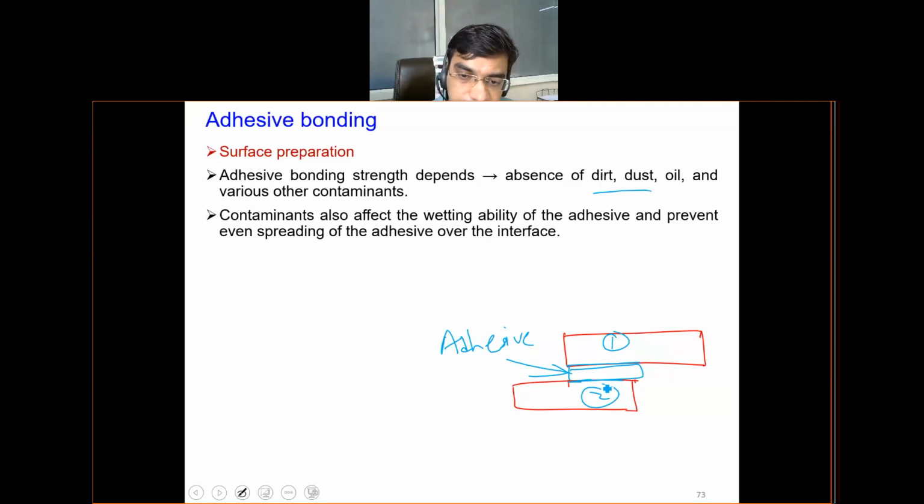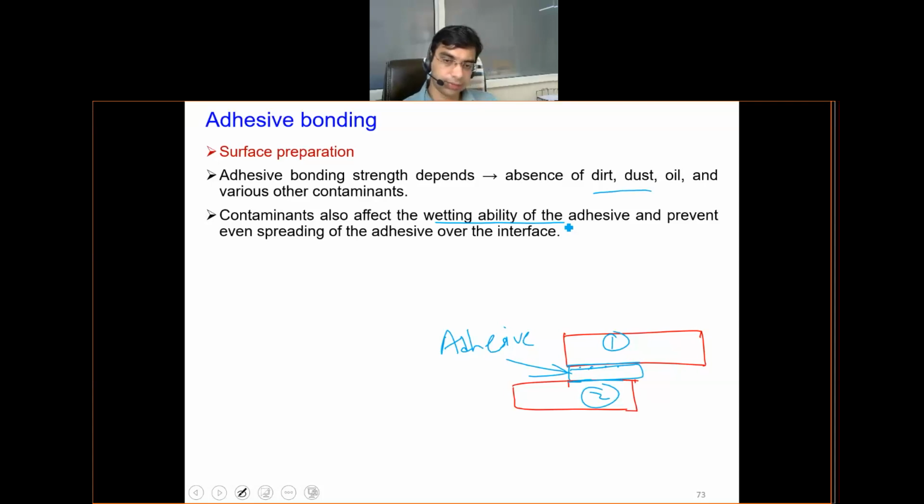If these contaminants are present in between, what is going to happen? The bonding between the adhesive and the surface will not be continuous, and thereby the performance of this adhesive joint will also reduce. So the surfaces have to be properly cleaned and prepared before the adhesive is applied. Contaminants also prevent the wetting ability of the adhesive, and even prevent the spreading of the adhesive on the surface.